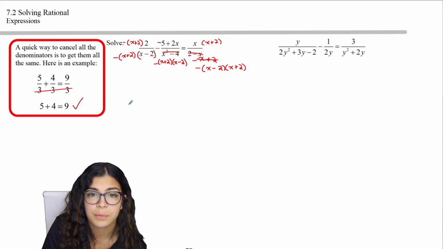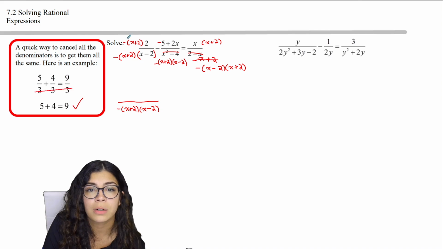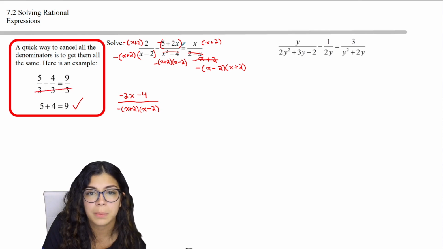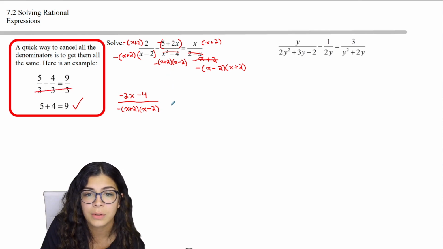Okay, let's simplify, right? The denominator of this fraction would be negative x plus 2 times x minus 2. The numerator would be negative 2 times x plus 2. So that'd be negative 2x minus 4. All right. In this fraction, we just multiply top and bottom by a negative. So that's going to be negative 5 minus 2x.